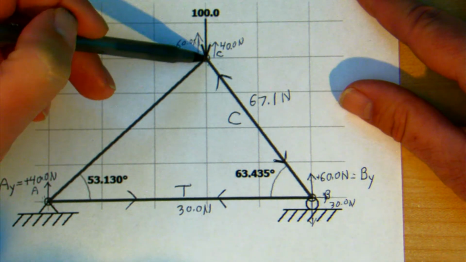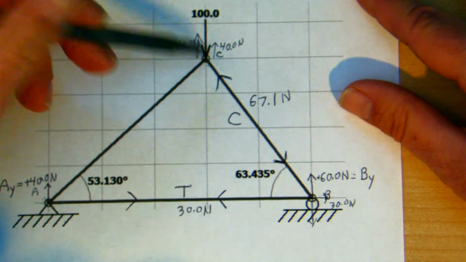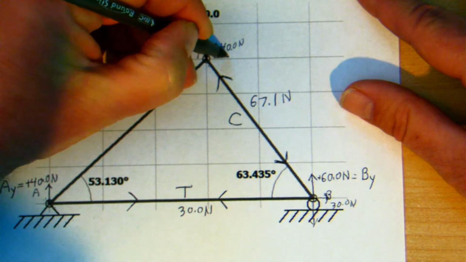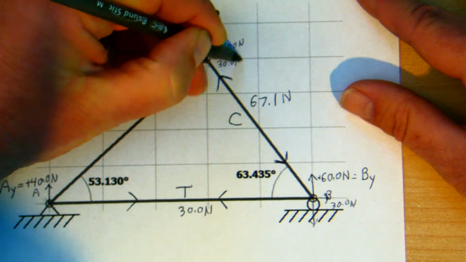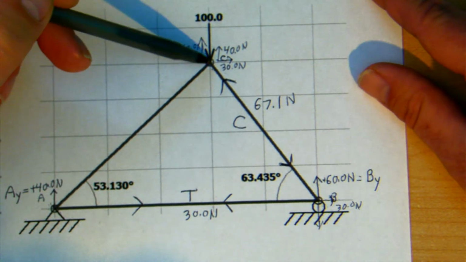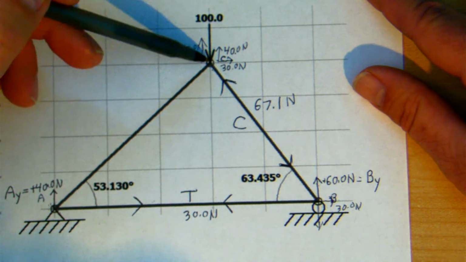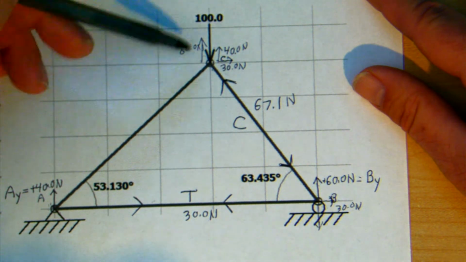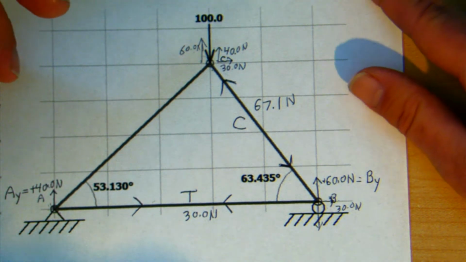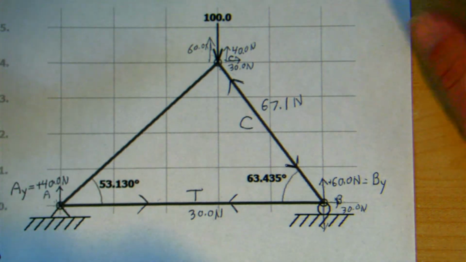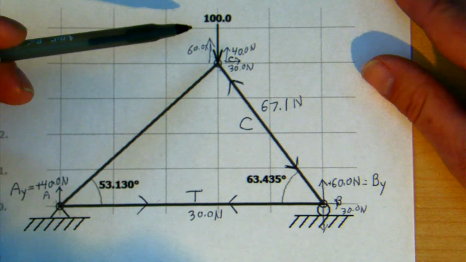And to cancel that, member AC must be pushing to the right with 30 newtons. That wasn't really necessary to bother doing that calculation. It's because we can already figure out what the hypotenuse is going to be. But I thought I would just illustrate that, you could do that as well.